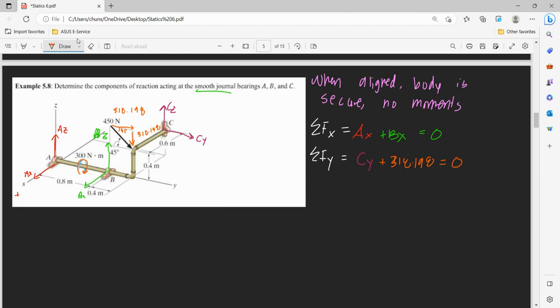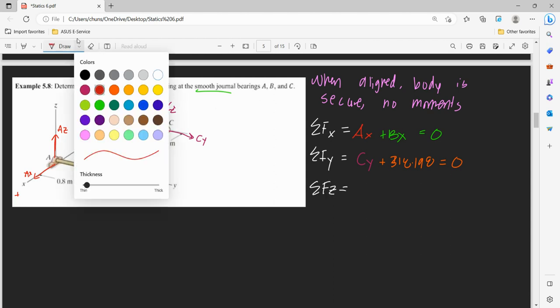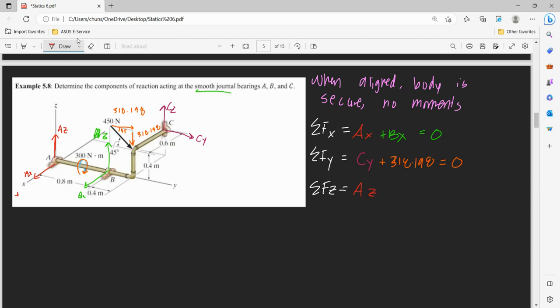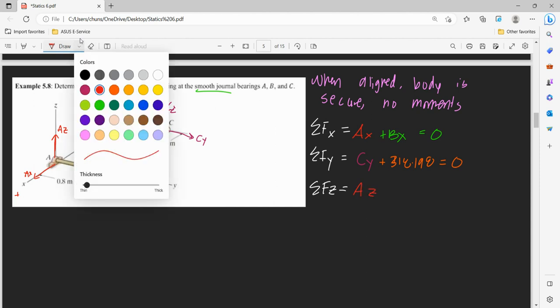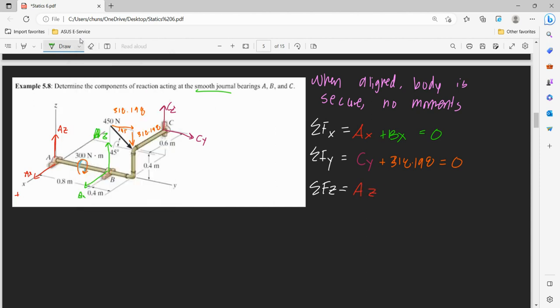Both are in the positive direction. And our Z sum, which is AZ plus BZ plus CZ, and minus our component, and that is equal to 0.